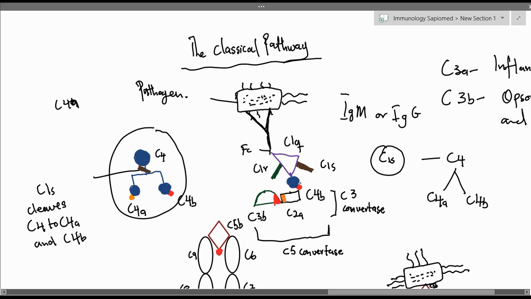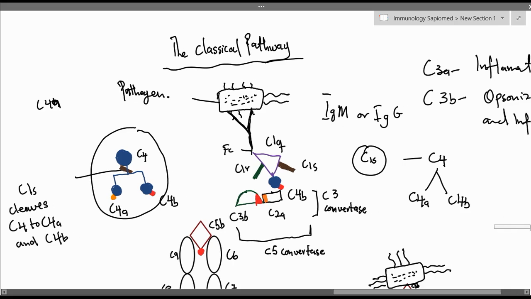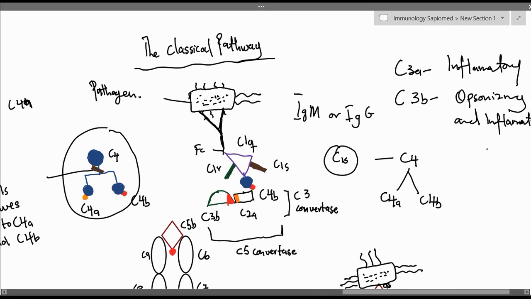Now, what also happens is that there is also going to be a cleavage of C2. So C2 will also be cleaved into C2A and then C2B. And what is responsible for that cleavage?